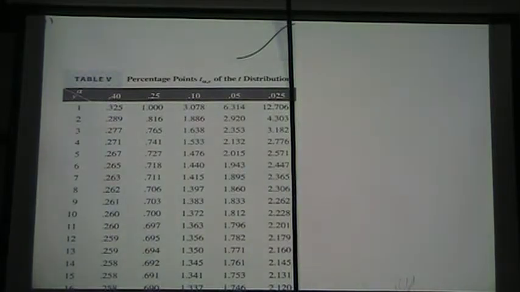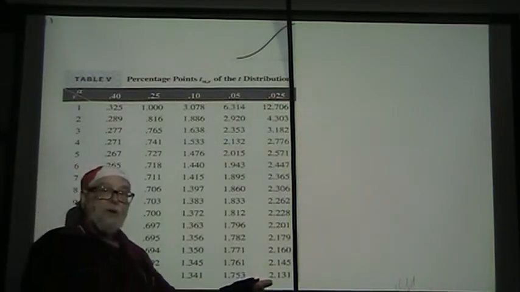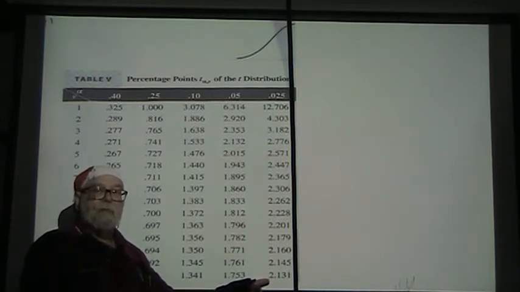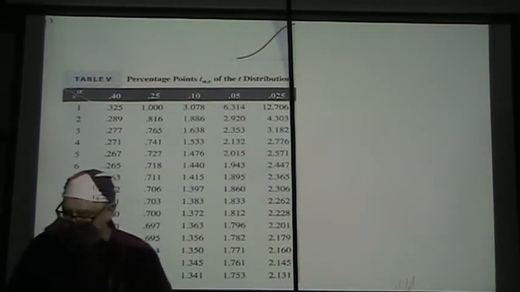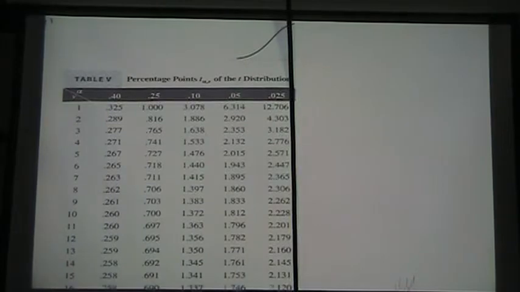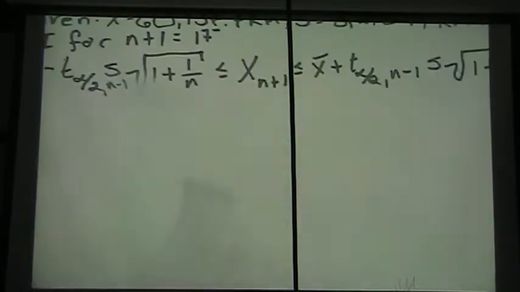We have a sample size of 16, so n minus 1 means that we have 15 degrees of freedom. And therefore, our t alpha divided by 2 with n minus 1 degrees of freedom is 2.131. And I will put that up here: t alpha divided by 2, n minus 1 degrees of freedom, 2.131.